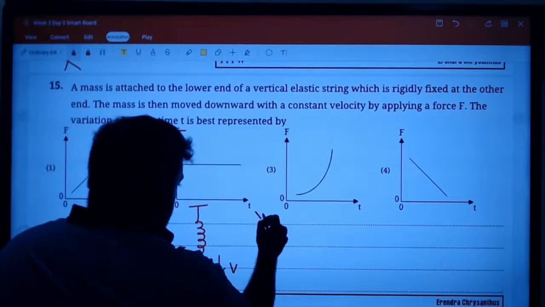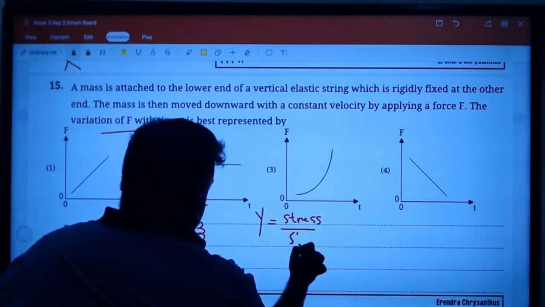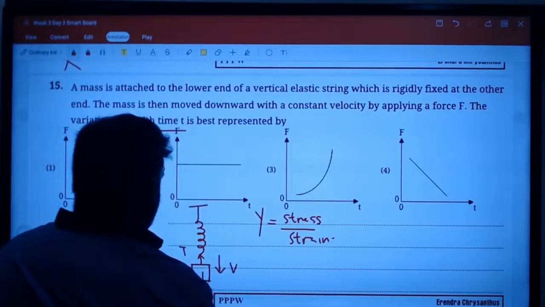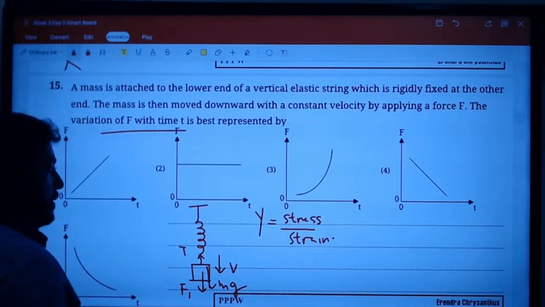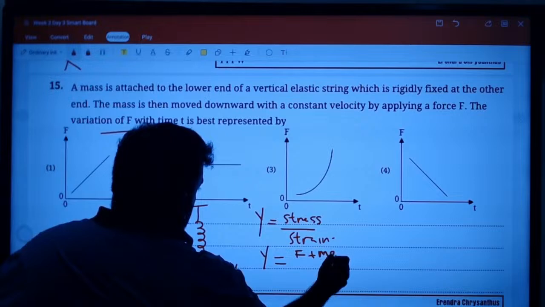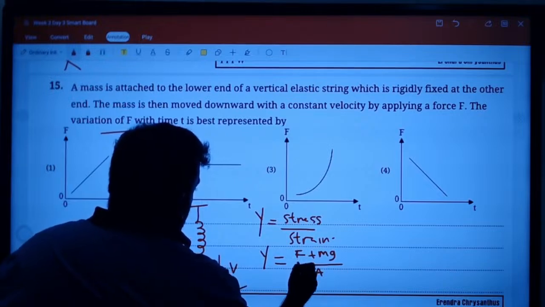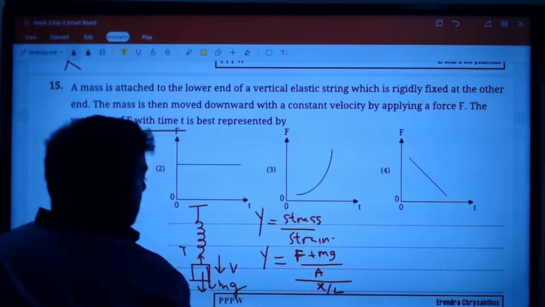Young's modulus is equal to stress divided by strain. Here the weight of the object is also involved. Young's modulus is applied force plus mg over A, where we are still in the proportionality limit, divided by extension over initial length.